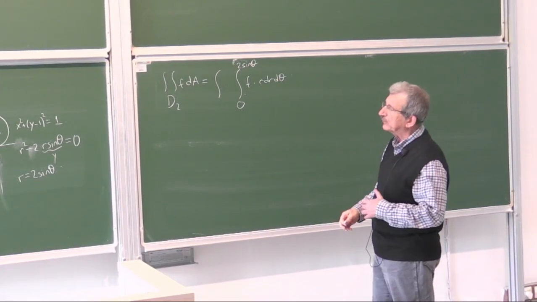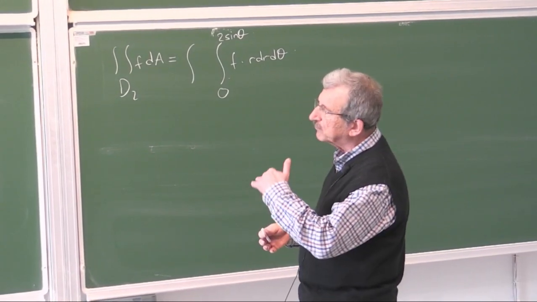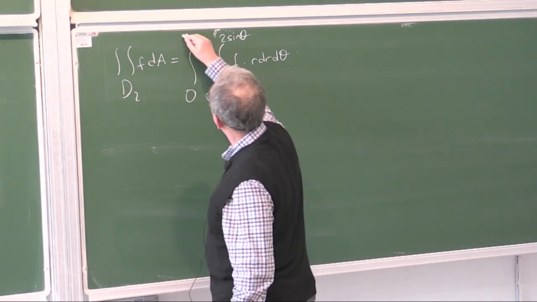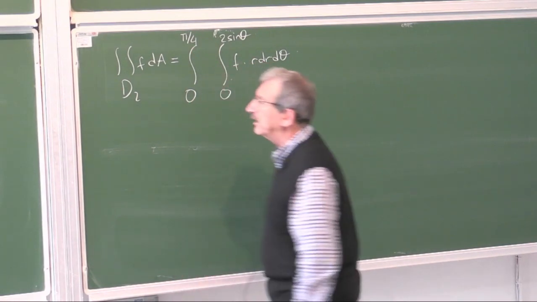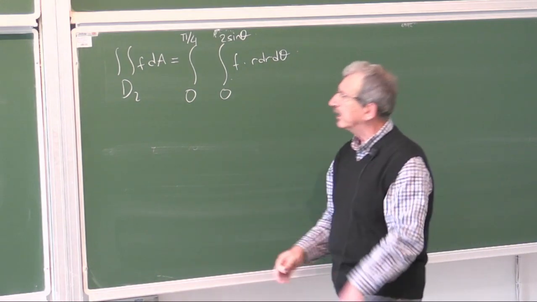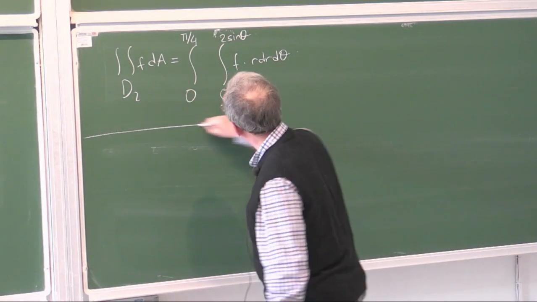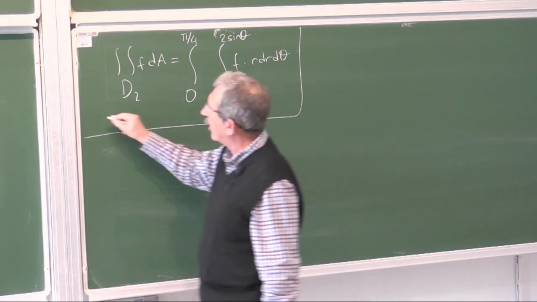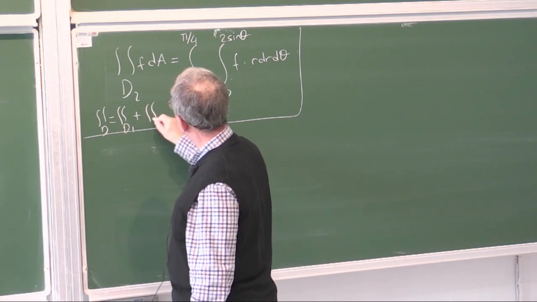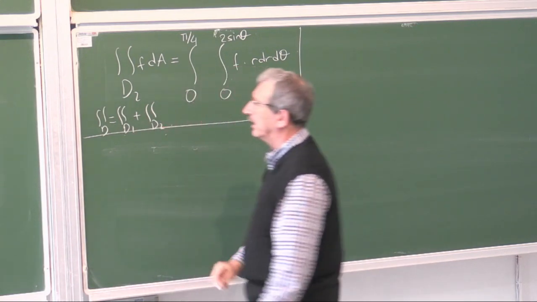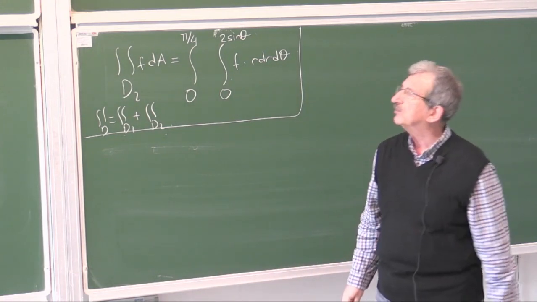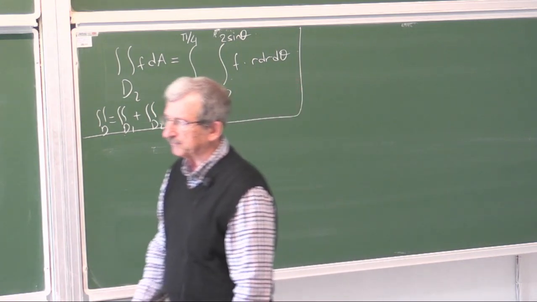And theta values for d2 start from 0 and go up to the y equal to x line, which is pi over 4. So similar to the first case, we can formulate this. And then, of course, we write integral d would be integral d1 plus integral d2, because d1 and d2 are disjoint except on the boundary, and we know this property of double integrals.